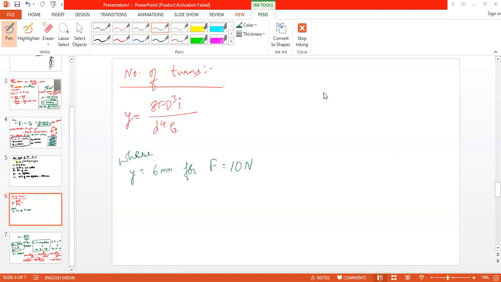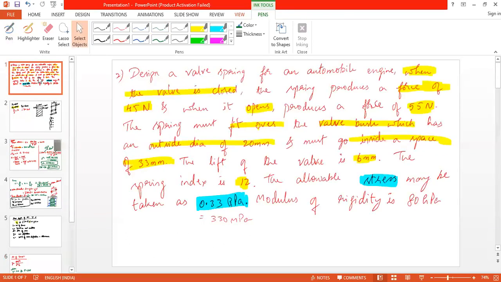Ayush, you look into the question. When the valve is closed, the spring produces a force of 45 Newton, and when it opens, it produces a force of 55 Newton, and the lift of the valve is 6 mm.